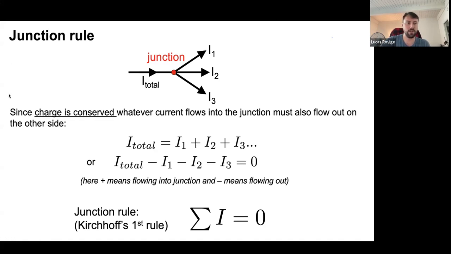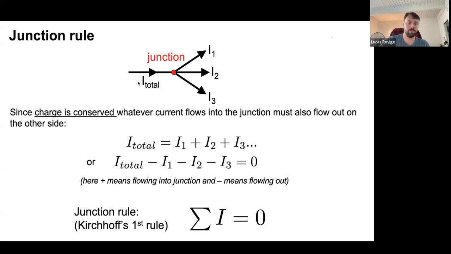The first Kirchhoff rule pertains to the current and what's happening when there's a junction. Basically, it says that the current is conserved at the junction, so the current flowing in is equal to the current flowing out.